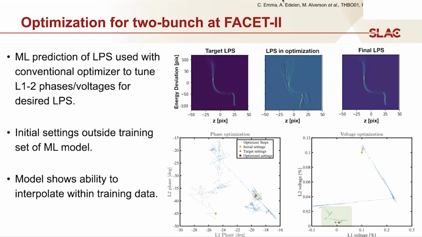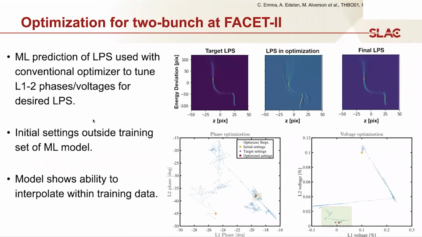And this was work that was done by myself and a summer student, Michael Alverson, a year ago. And the idea is now that we have the machine learning prediction of the longitudinal phase space, we can use this on a single shot basis and just wrap this around a conventional optimizer like Simplex to tune some of the machine parameters, in this case, the L1 and L2 phases and amplitudes, to get the desired phase space.